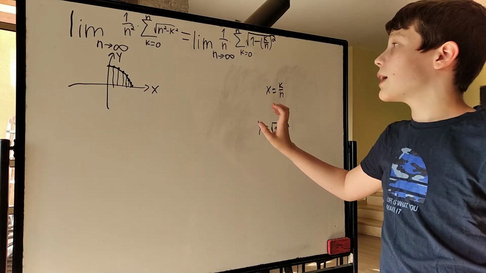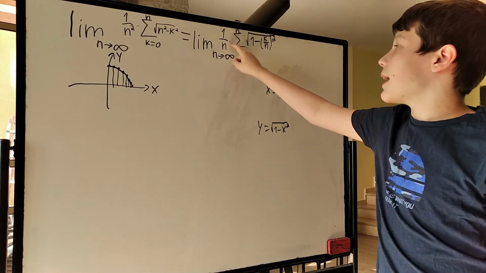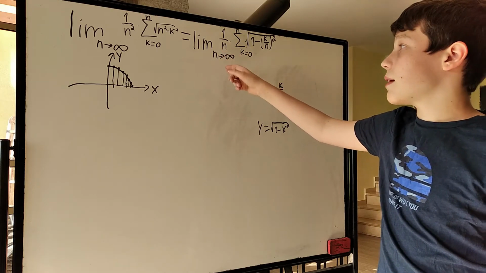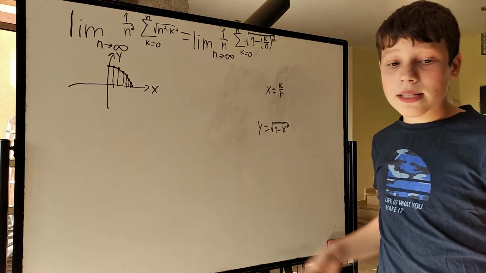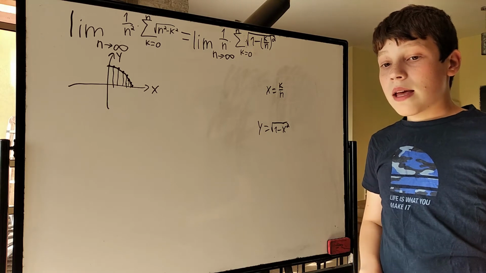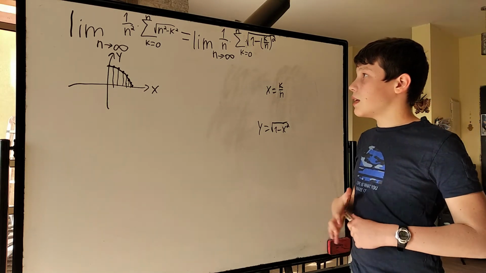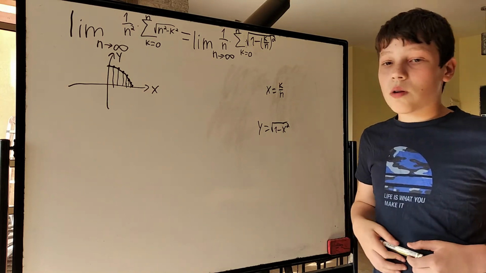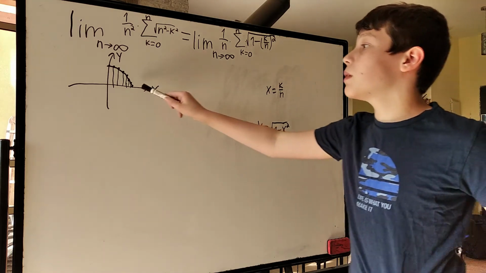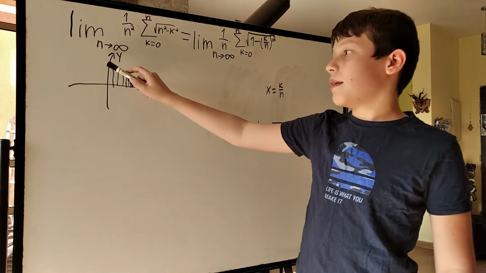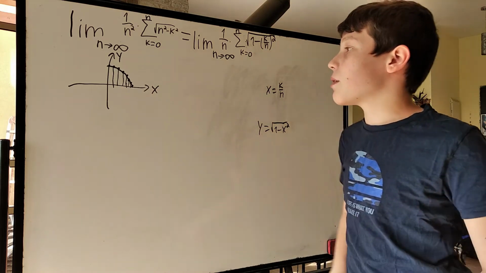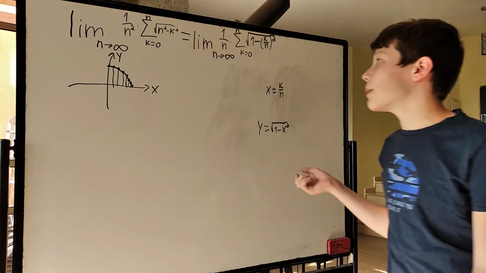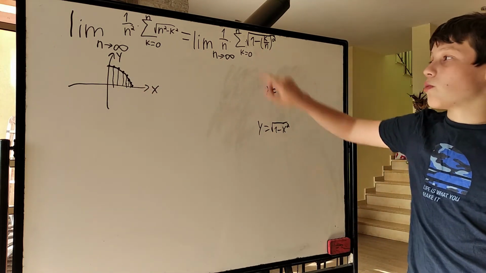And then we're dividing this by n, since we still have a times 1 divided by n, and we're taking the limit as n approaches infinity. Let's see. Well, we have n plus 1 points plotted here, and n plus 1 values we are summing, since k goes from 0 to n.